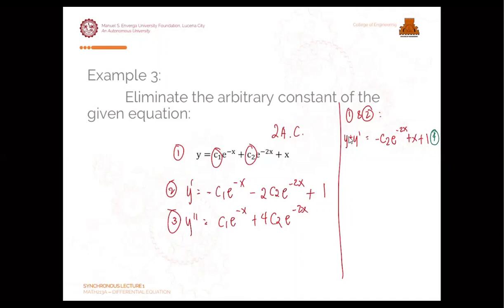So, let's try yung equation 2 and 3. Okay? Let's check.